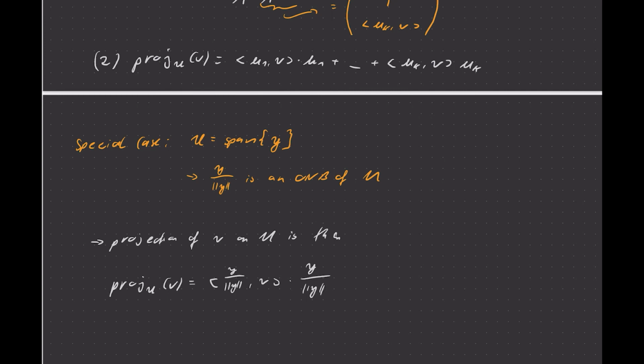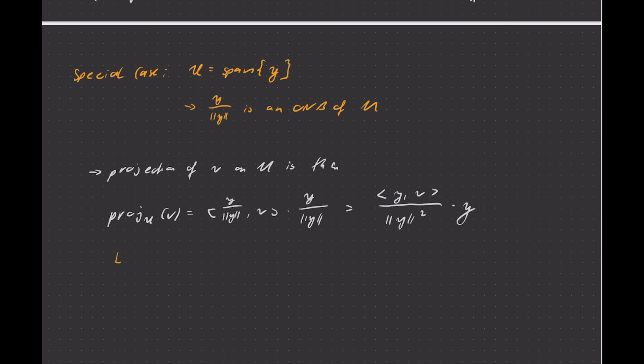Or you can also express this as the scalar product of y and v over the norm of y squared, times y. So this is the projection of v onto the line spanned by the vector y. That's the case of just one vector.